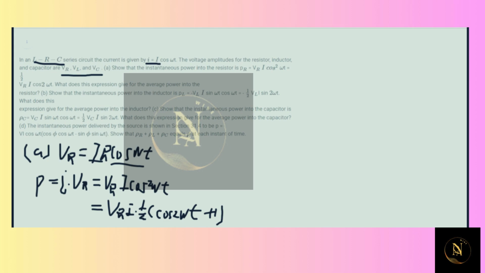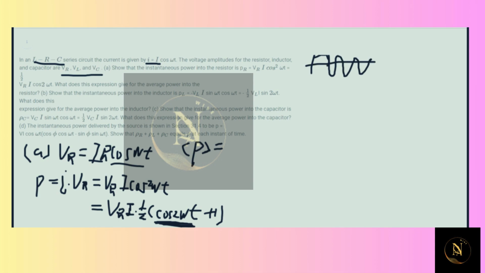Okay, and then if you try to do the average over time, you'll see that the average of the first term over time is actually 0, because this is oscillating and the mean value is 0, right? So the average is 0.